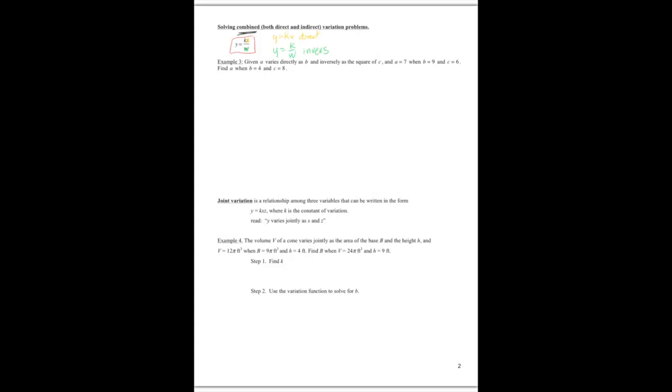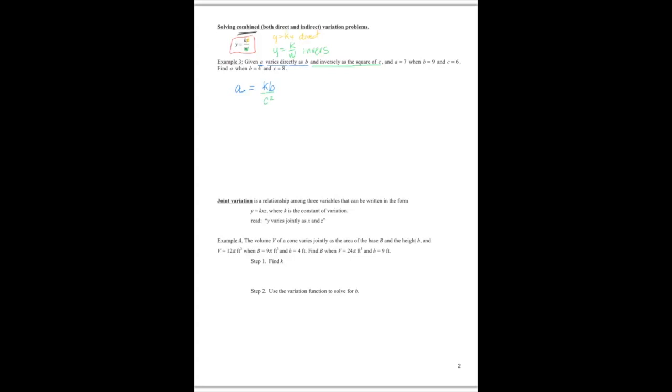So let's look at how we would write a combined variation function given the words. A varies directly as B and inversely as the square of C. So this would be over C squared.